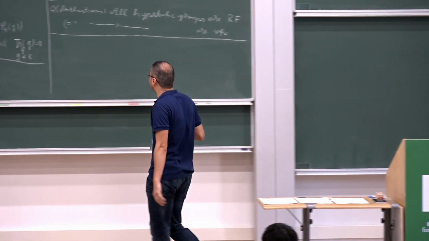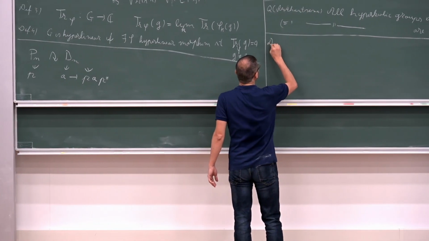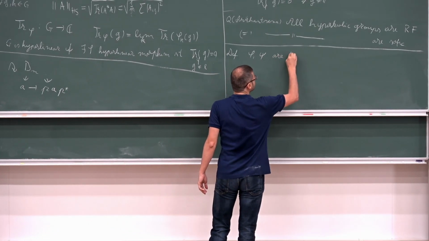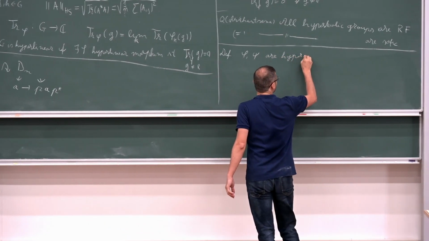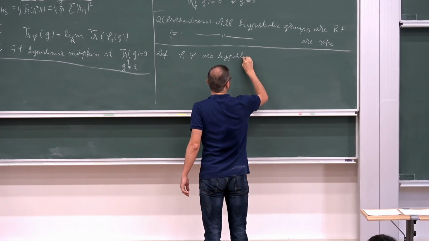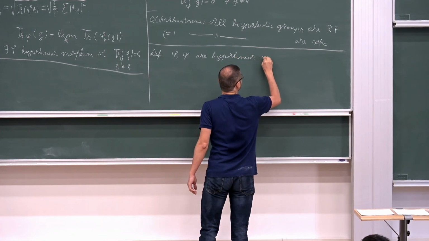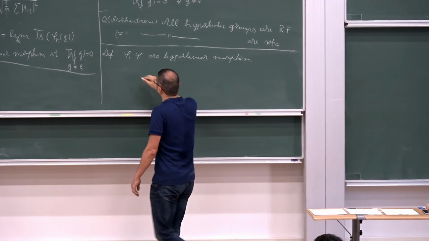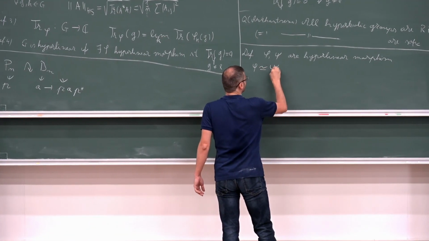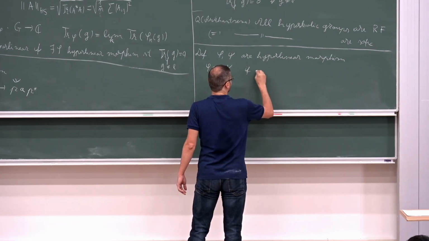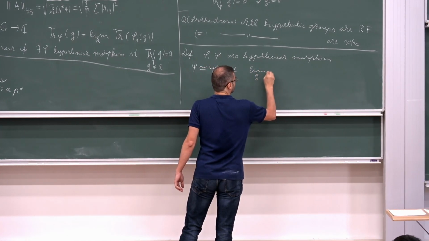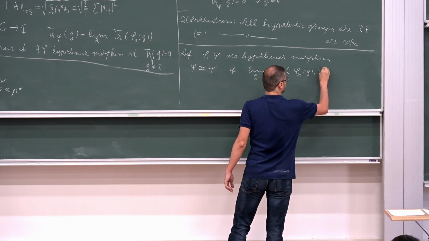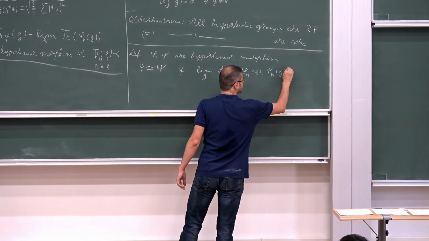So I will again split this definition into two parts. If phi and psi are hyperlinear morphisms, we'll say that they are equivalent if the limit of the Hilbert-Schmidt distance between phi_k of g and psi_k of g is equal to 0.